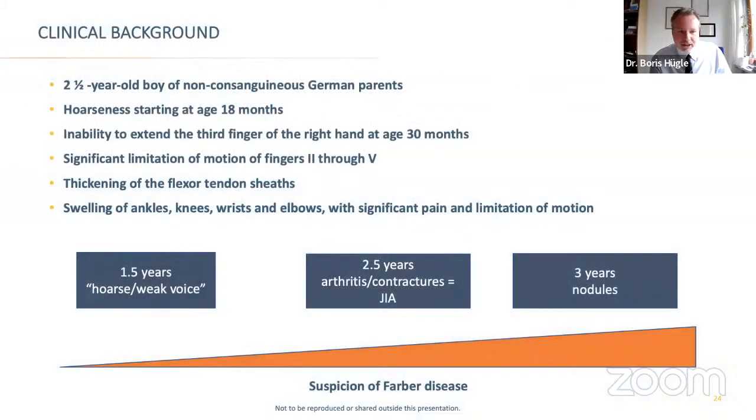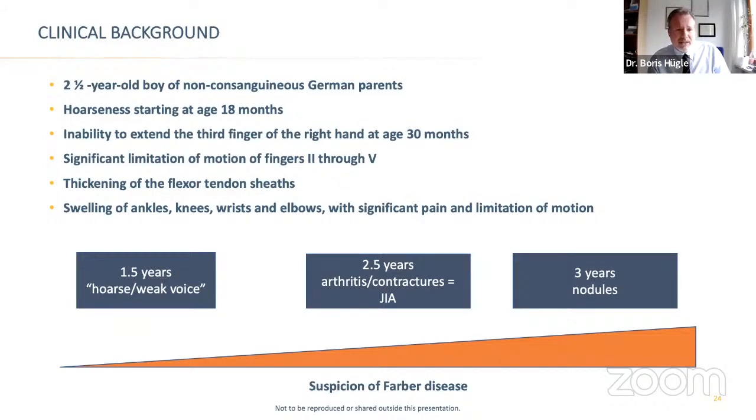So to finish up, I'm going to take the opportunity to tell you about one of my patients, Timon, whom I've been treating within the last 2 decades. At the start, he was a 2.5-year-old boy, non-consanguineous parents, and he started with contractures of the middle fingers, very similar to a Dupuytren's contracture, and he did have hoarseness, which was not really noticed very much at that time.